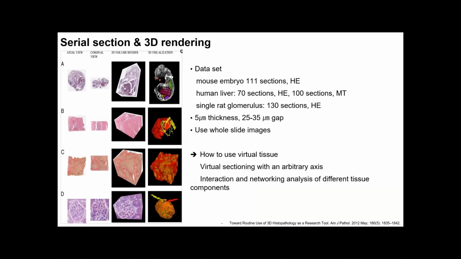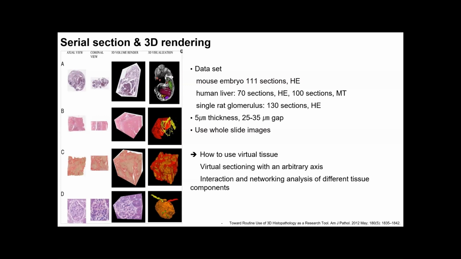There was a trial to make 3D pathology using 18 whole slide images. These are 3D tissue blocks using about 100 sections, with a gap of 25 to 35 micrometers.